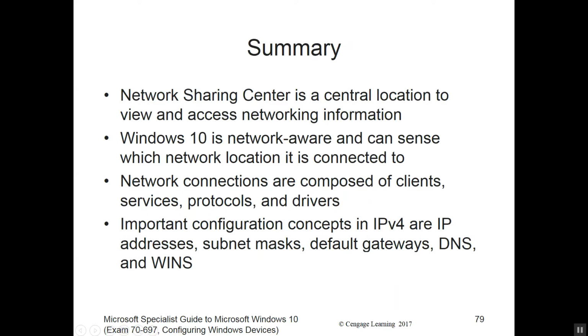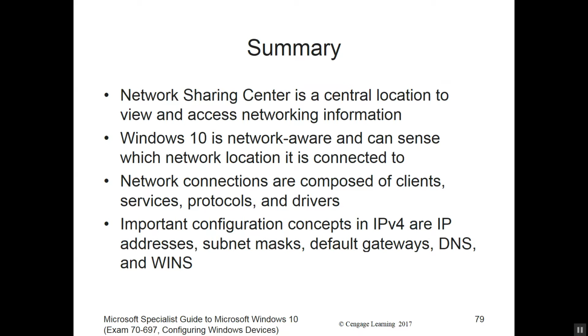So the Network and Sharing Center is a central location to view and access network information. Windows 10 is network aware and can sense which network location it's connected to. Network connections are composed of clients, services, protocols, and drivers.